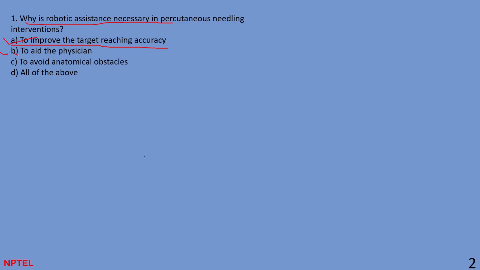Let's look at to aid the physician. I don't think so at first, because there are other instruments also. But I think you're right, option B is also right, because we need to aid the physician. Let's say you have a body part like a pancreas here and something else here.